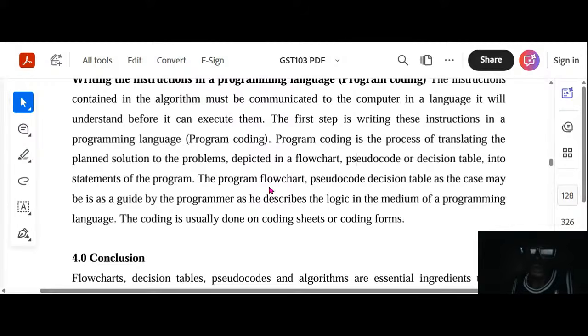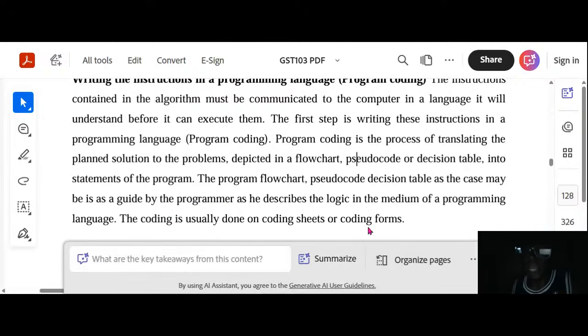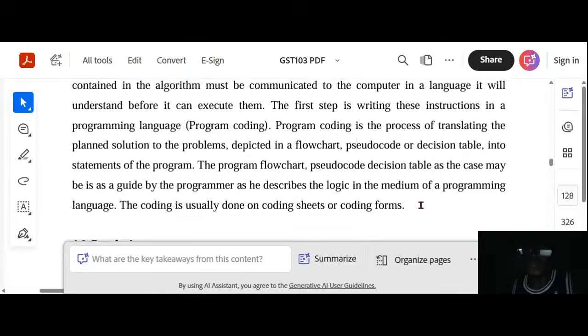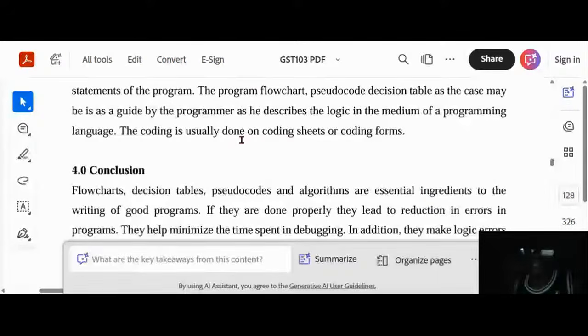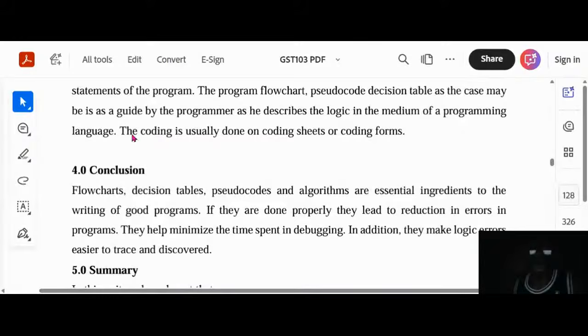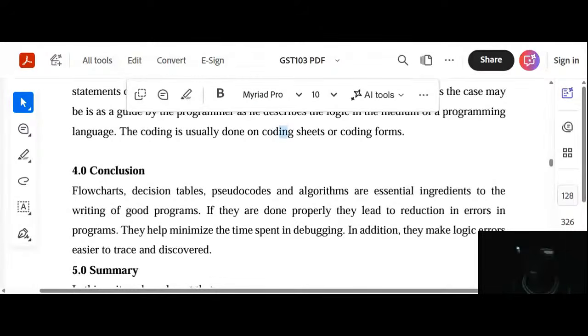So the program flowchart, pseudocode, or decision table, as the case may be, is a guide used by the programmer as he describes the logic in the medium of a programming language, usually done on coding sheets or coding forms. So these are things we ignore, and you now see that is what they'll be asking. So let's not ignore anything.